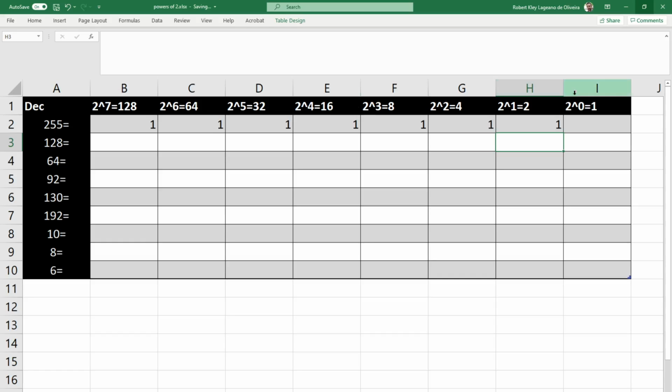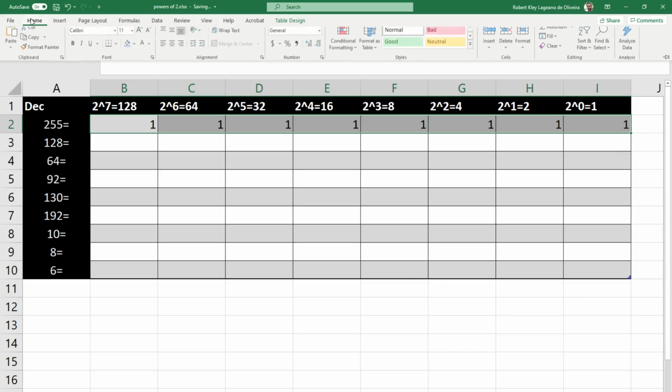So 1 divided by 1 is 1. Okay, so what do I need to put in here? It's a number 1. And now that the remainder is 0, I can just stop, and I have everything that I needed. So basically what this means is that 255 in binary notation equals a series of 8 number 1s.